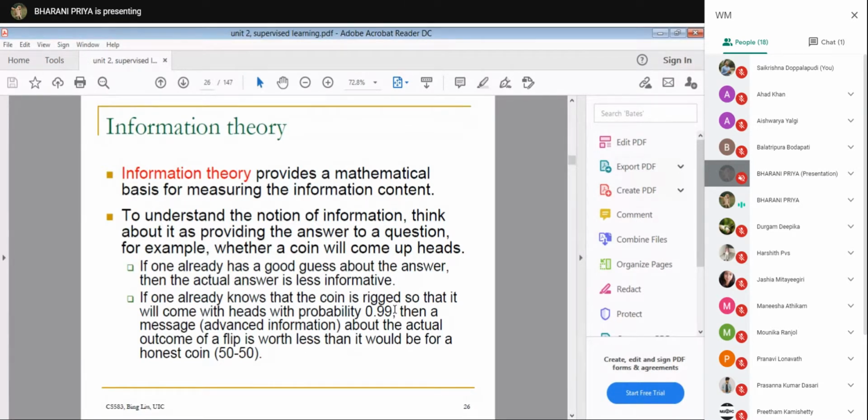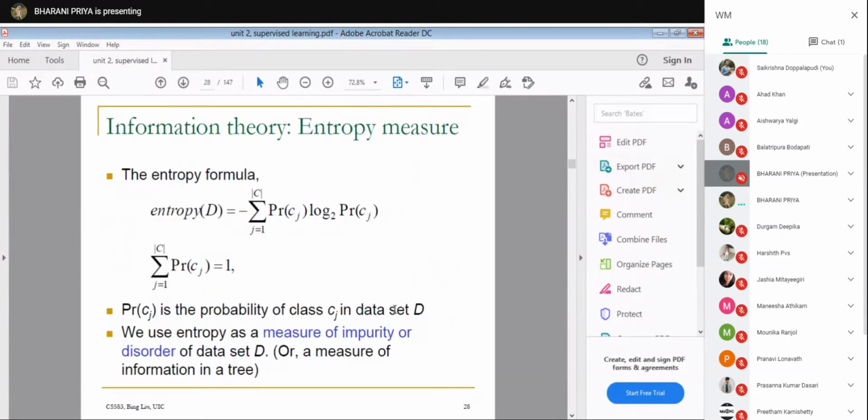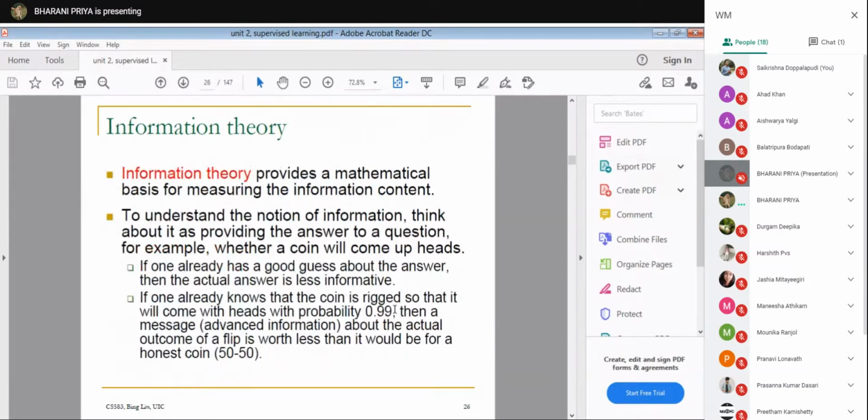Why is information theory important? Information theory provides the basis, or provides the proofs, using mathematics.